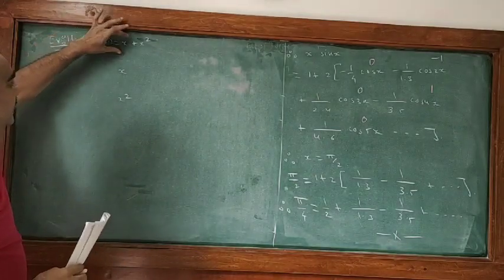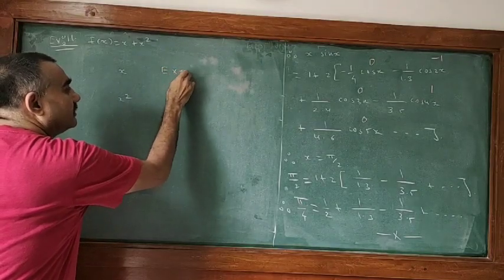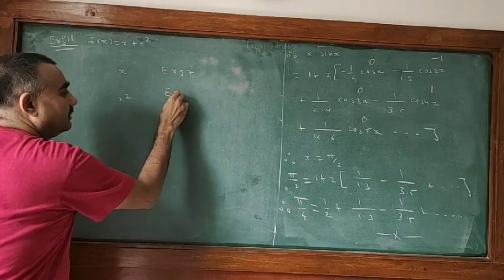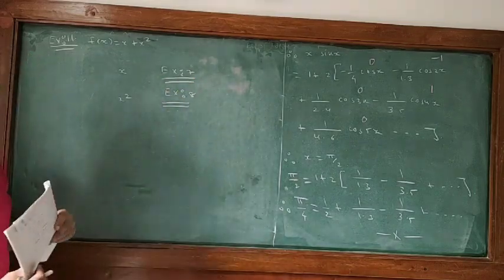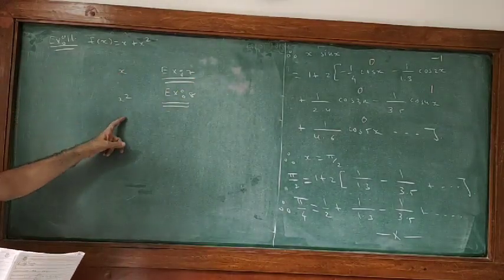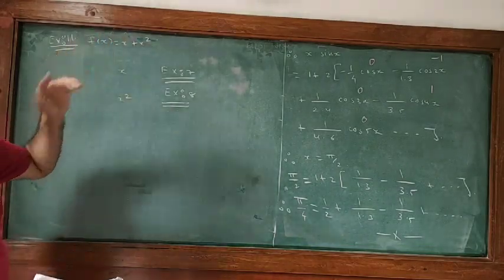So fx equal to x, this is sum number 7. And fx equal to x square is sum number 8. And this is summation of both.